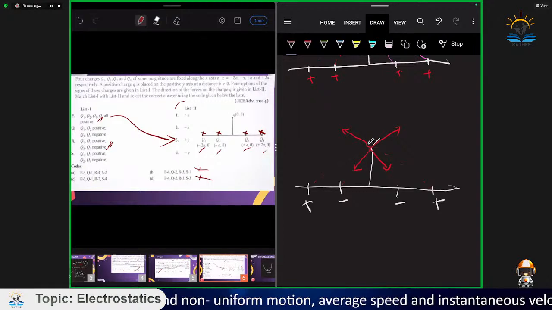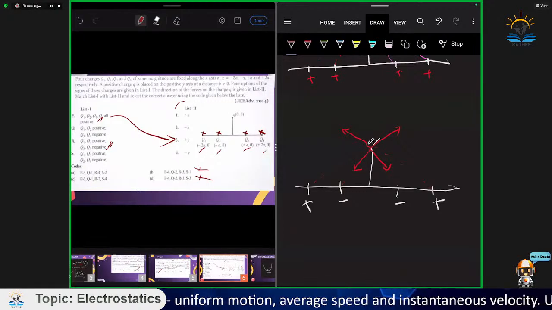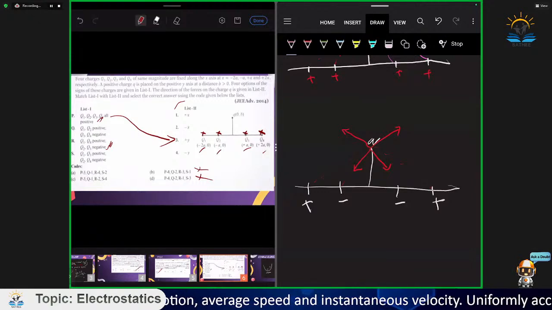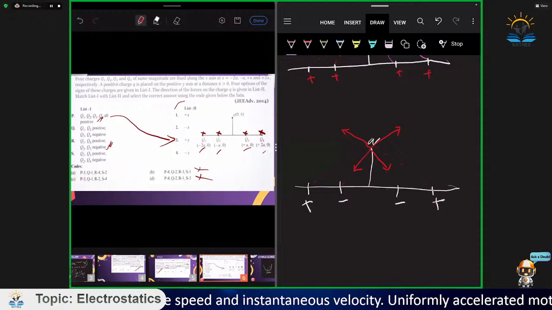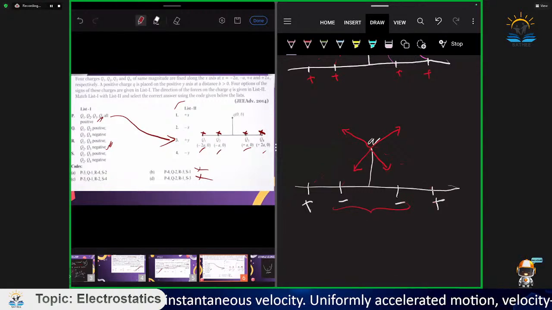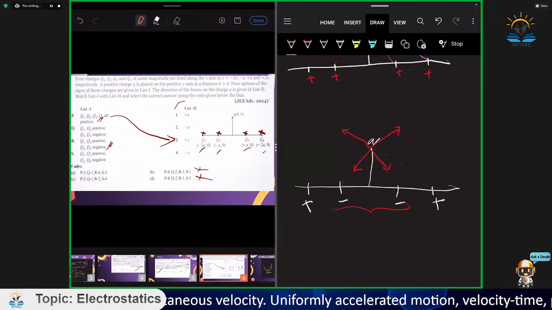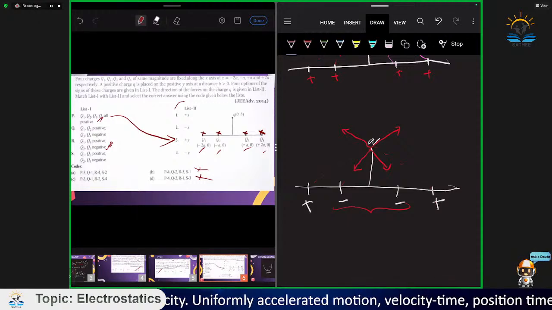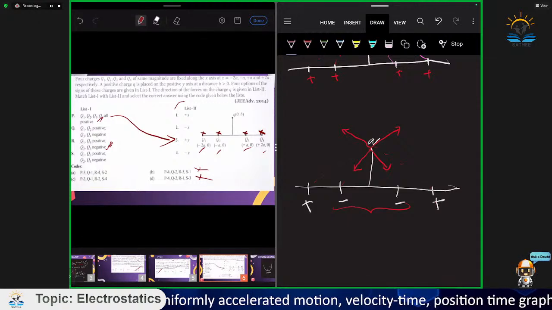But see, these positive charges are located at a greater distance than these negative charges, no? Force is inversely proportional to the square of the distance, so if distance is more, force will be less.